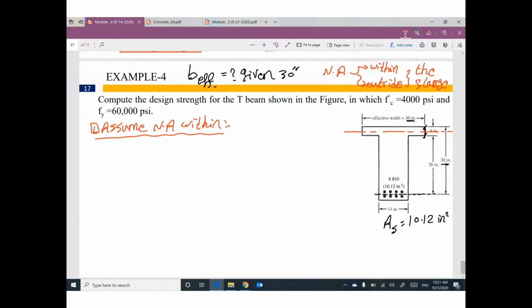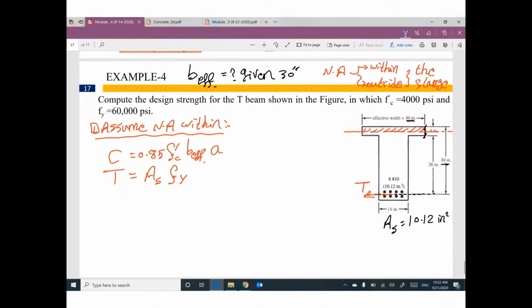So we have compression on this part, capital C equals 0.85 f'c b effective a. And we have tension in this steel reinforcement, T equals area of steel times f yield. For equilibrium, these two forces must be equal.